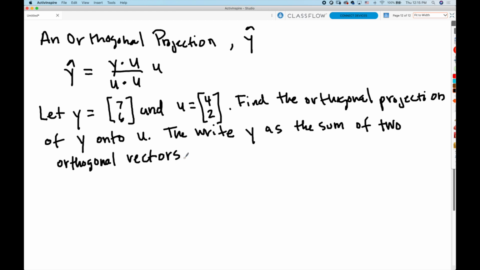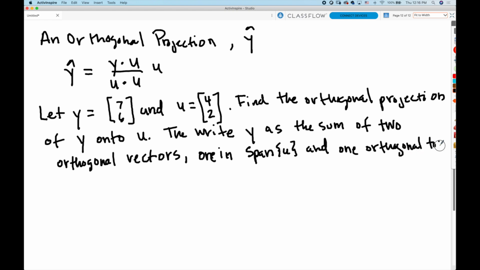All right, so I want one of them to be in the span of u, and one to be orthogonal to u. All right, so I need to compute y dot u and u dot u.